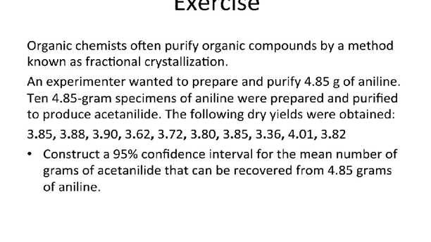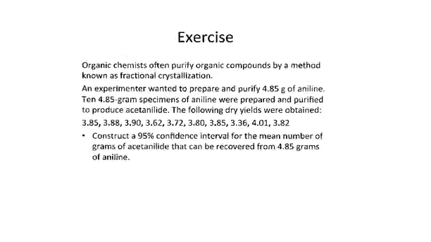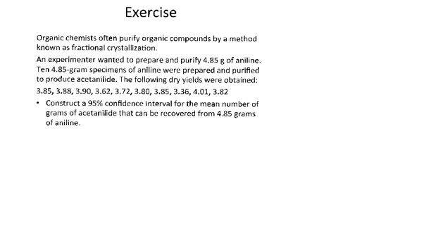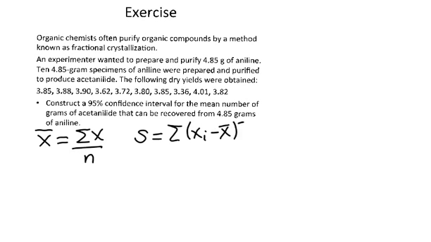aniline. So now, before we can use the method, we need to get the mean and the standard deviation of those 10 observations. So we need to remember how we did it in the first part of the course. You should be able to remember that we use the formula where x bar was the sum of all the values divided by n, and that s was the difference between each value minus the mean, squared, and divided by n minus 1.